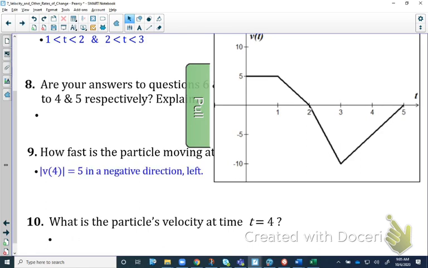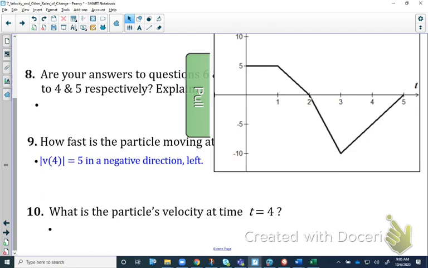But remember the -5 is indicating the direction that it's moving, not how fast it's moving. When we think of speed, we take the absolute value of that. So here I would just say it's moving at 5 units per element of time, whether they're seconds, minutes, hours, I don't know.